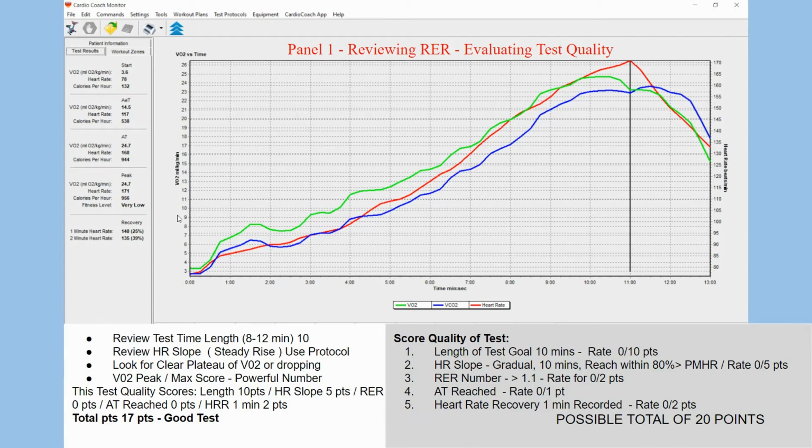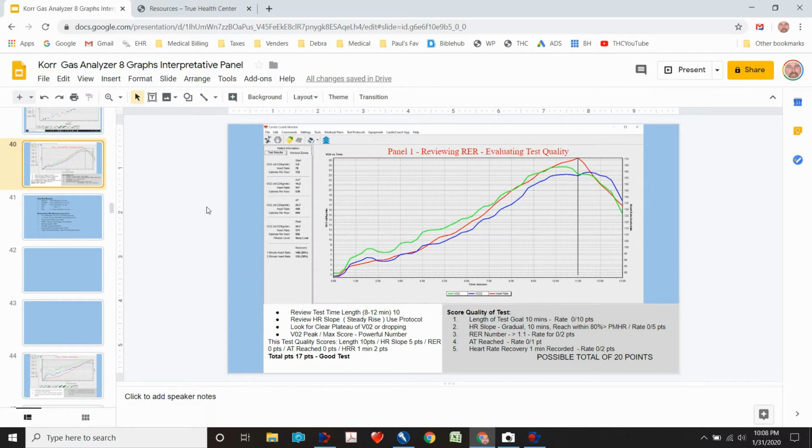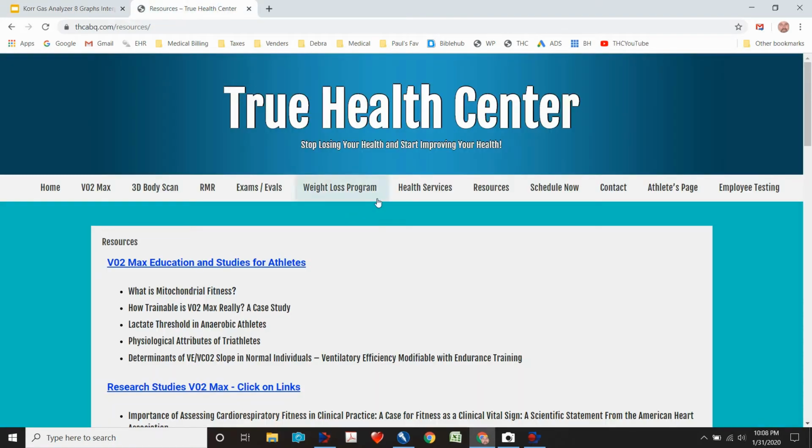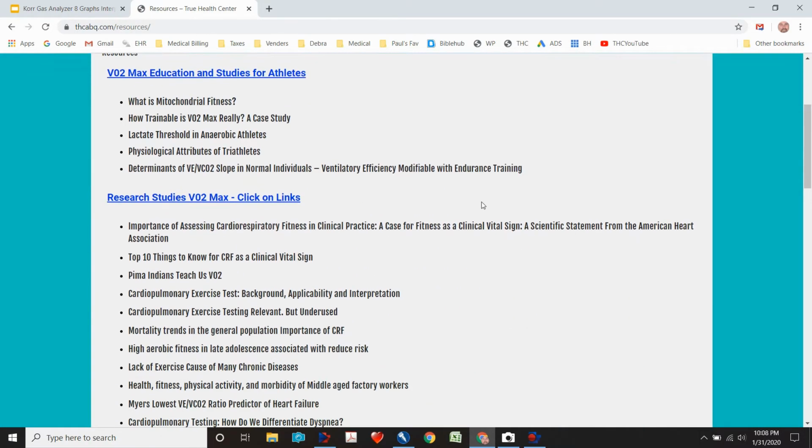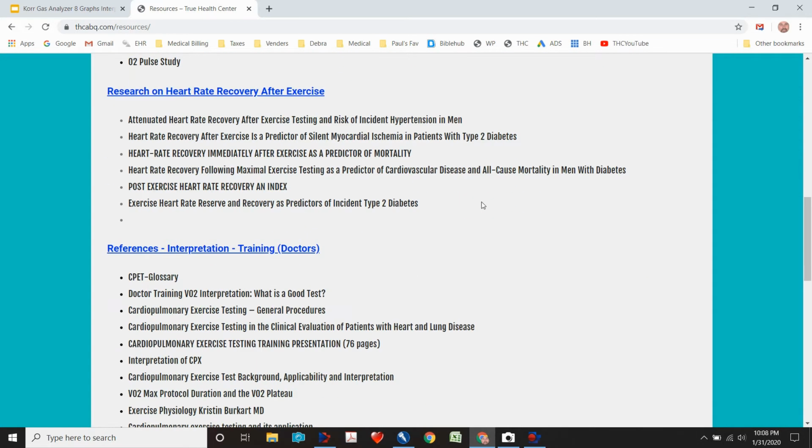So this is called heart rate recovery. So let's look at why it might be valuable to us. I'm going to jump over to our website here. So we're under resources, and under resources, if we scroll down, we see research on heart rate recovery after exercise.